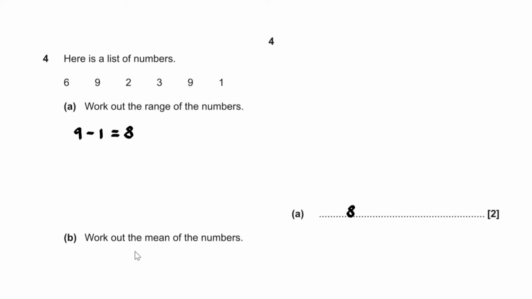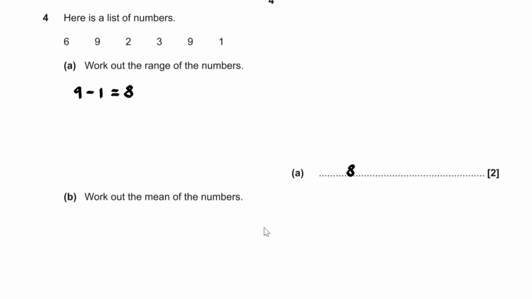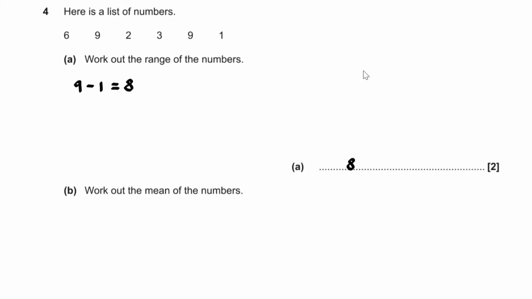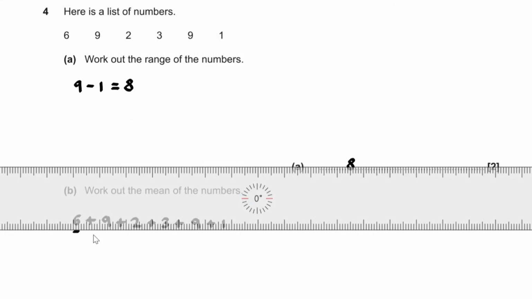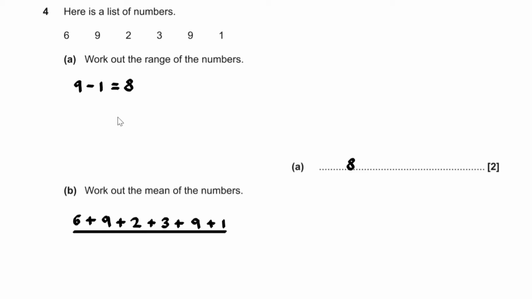For part B, we have to work out the mean of the numbers. Our first step is to add the numbers: 6 plus 9 plus 2 plus 3 plus 9 plus 1. Then we divide by how many numbers there are.